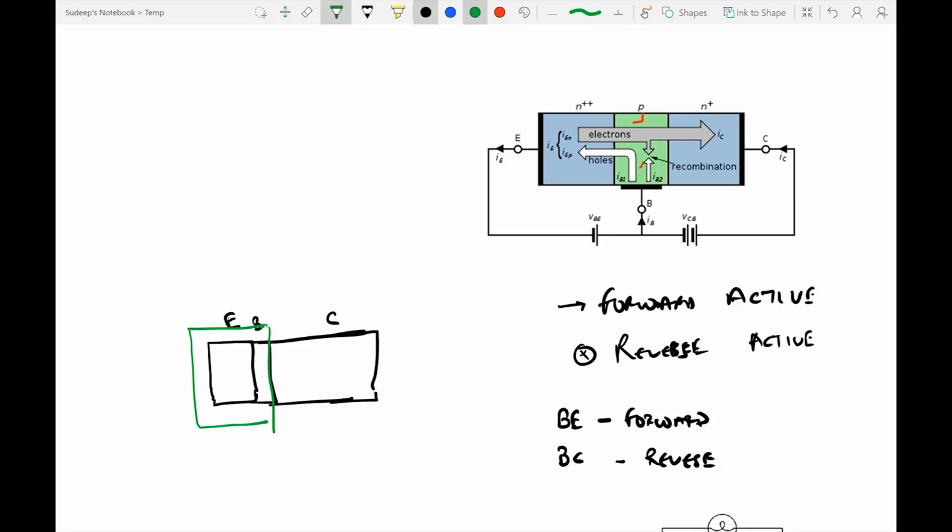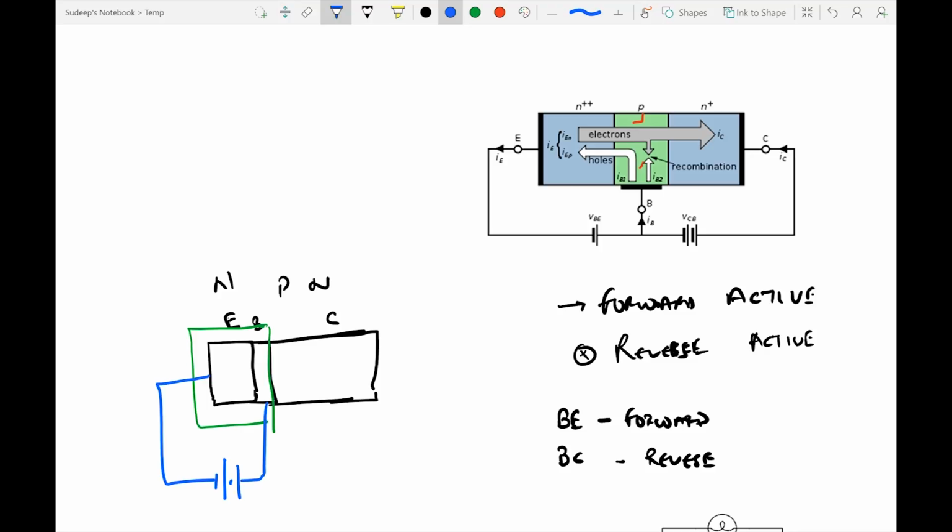If this was an NPN transistor, in order to have the base emitter junction forward biased, we'll have to connect the emitter to the negative side of the terminal and the base to the positive side of the terminal.